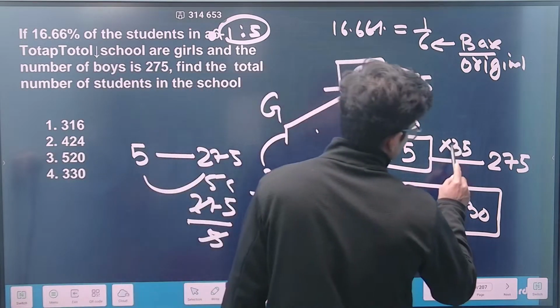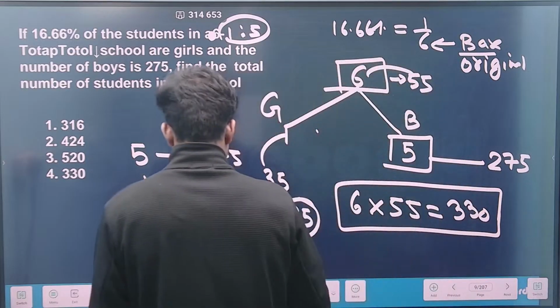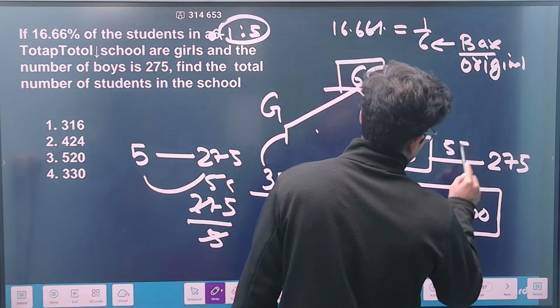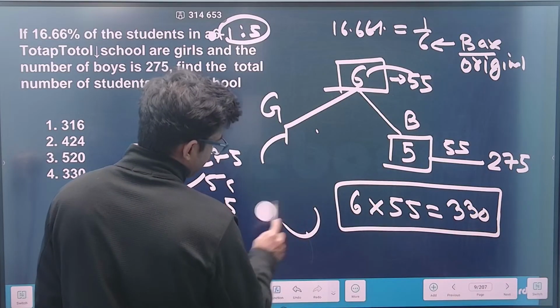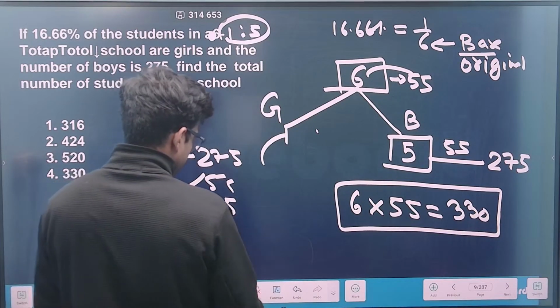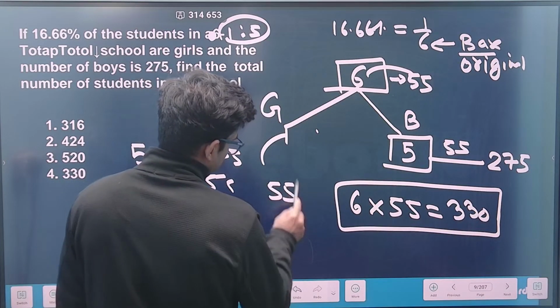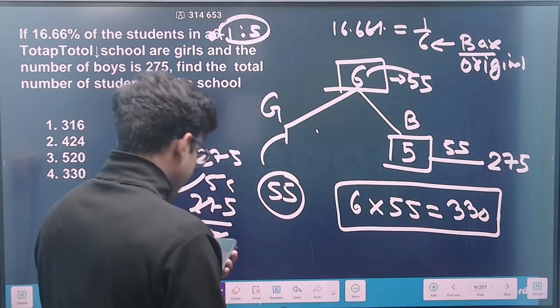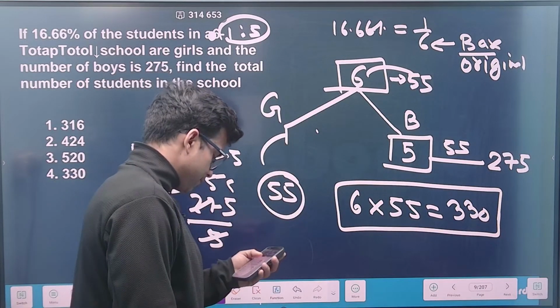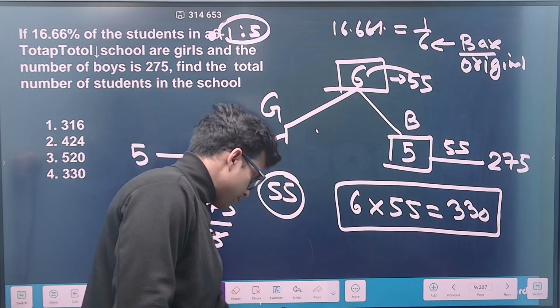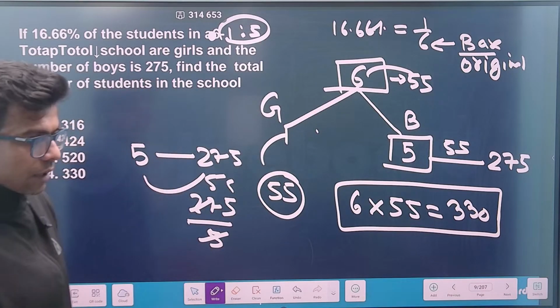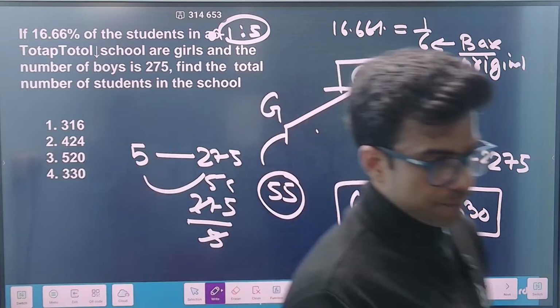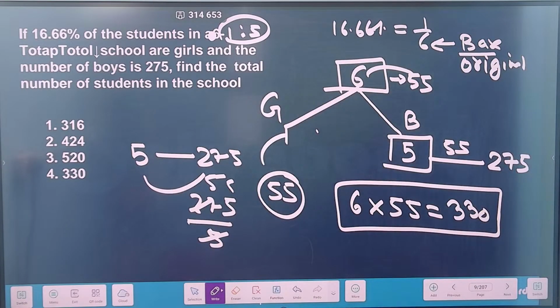It would be 55. This would be again 55. Sorry, Soumya, Chaitanya, my bad. Now I think it is fine. Correct?